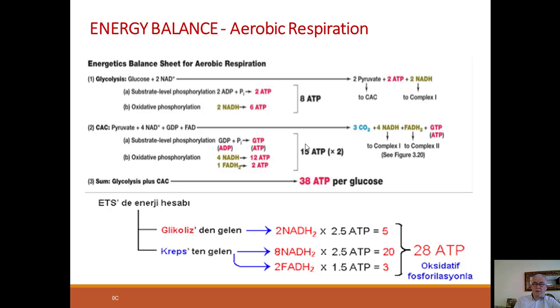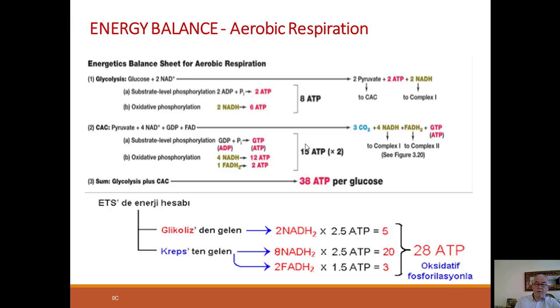After that, in this calculation summary, in aerobic glycolysis we can produce 38 ATP per glucose. But sometimes you can read or make a different type of calculation, such that after all these reactions we can produce 28 ATP. This can also be correct because it depends on the calculation.